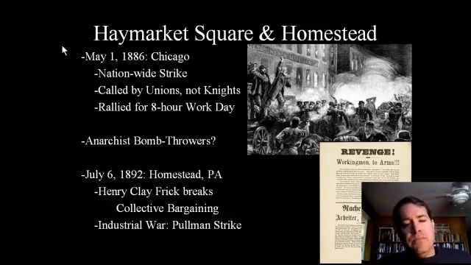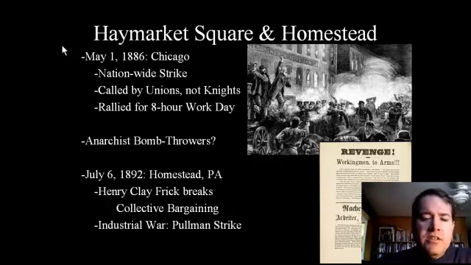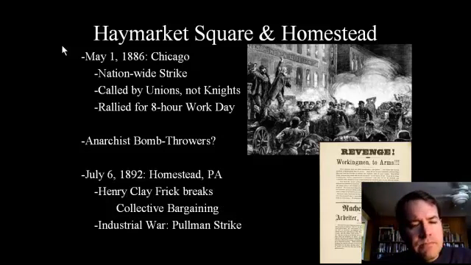Now, Pullman gets the U.S. government to intervene. Why would the U.S. government intervene on the side of Pullman? Well, here's the interesting way Pullman gets the U.S. government under James Garfield to actually send in the U.S. military, the Army.